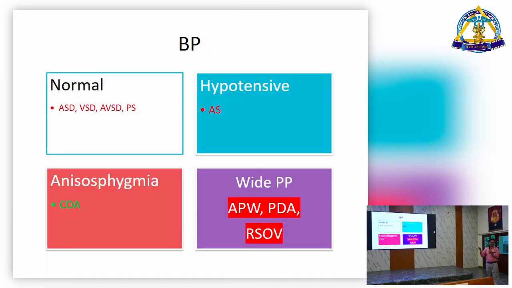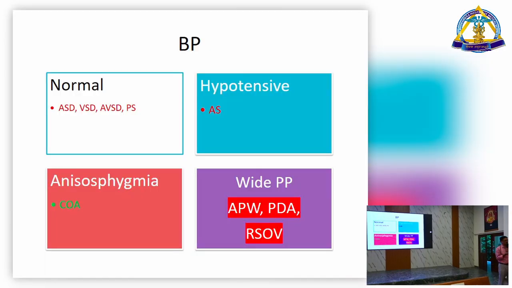Then BP. If there is a pulse difference, naturally blood pressure will also vary. In coarctation, if there is a pressure difference between the two limbs, you call it anisosphygmia. That you will get in coarctation. Wide pulse pressure you will get in PDA, AR, AP window, all these cases.